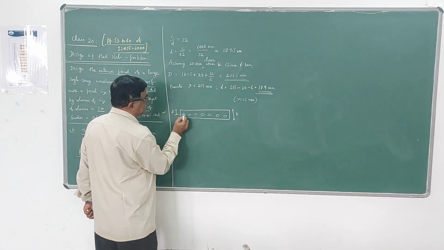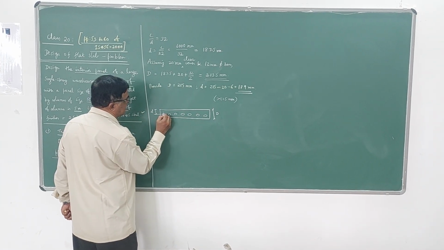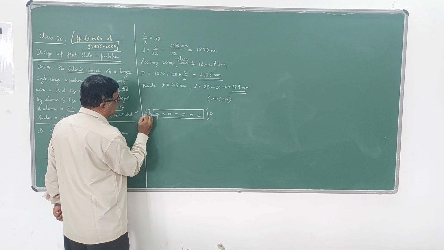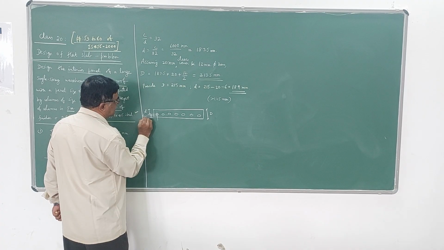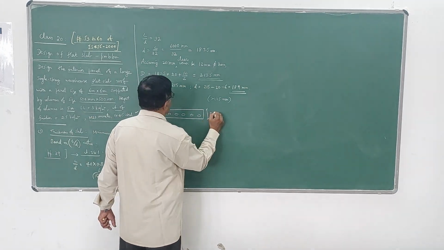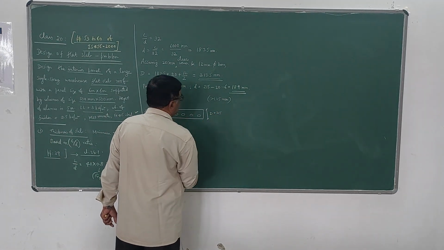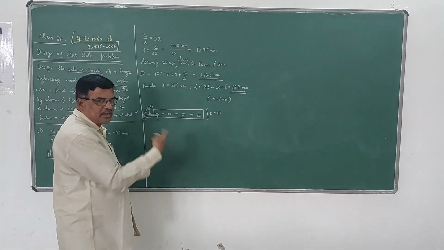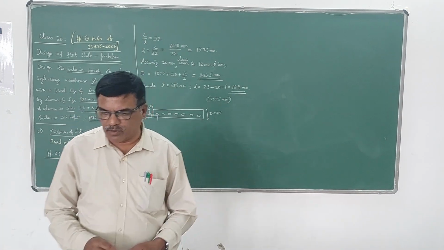This is your 12 mm diameter, means this becomes 6 mm, and this is clear cover 20 mm. So overall depth is 215 mm, and small d will be 189. This is how the reinforcement is provided.